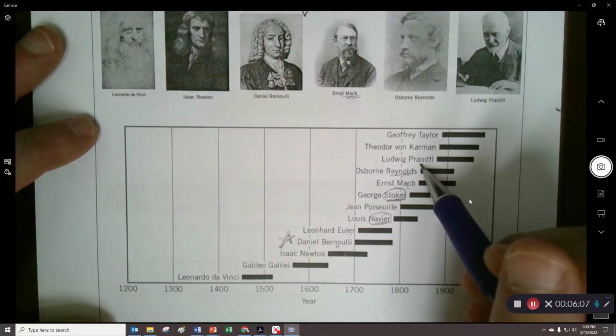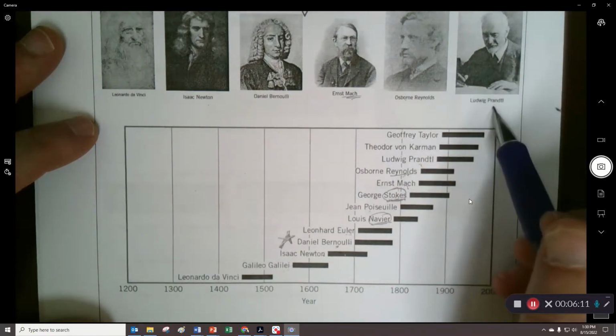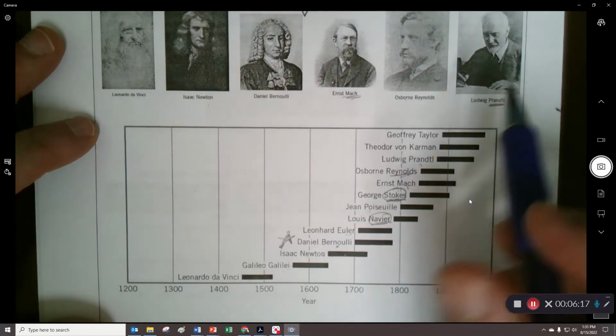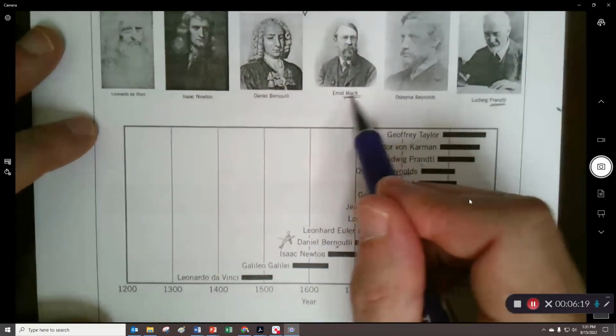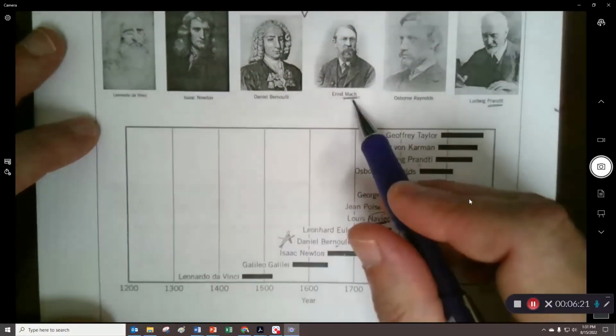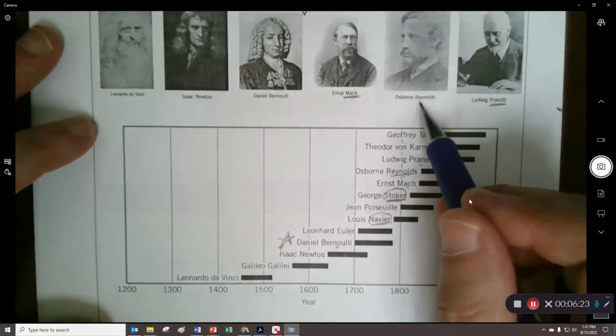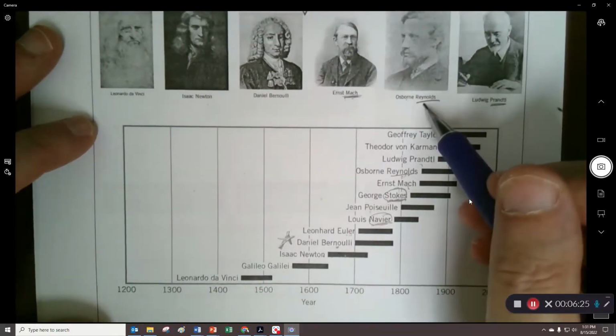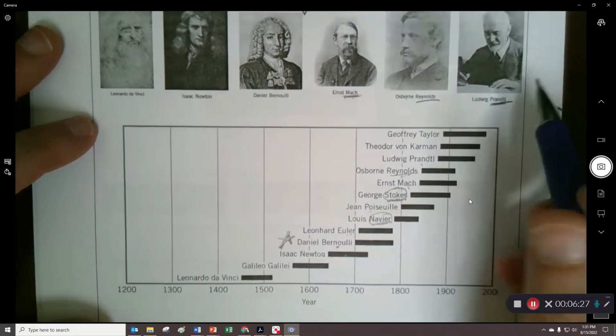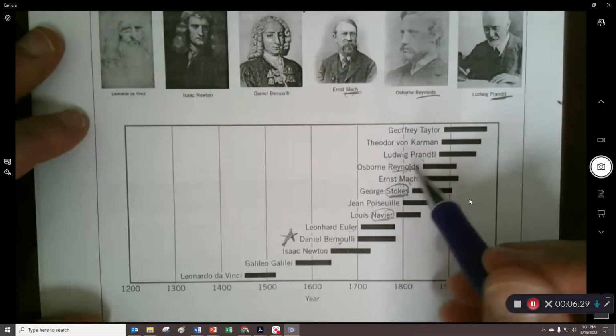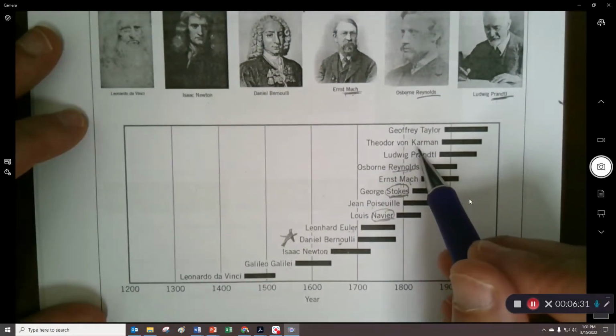Prandtl, I believe there's a boundary layer. We know a lot about boundary layers. You might recognize his name also from heat transfer. I think he's got a non-dimensional number named after him. These non-dimensional numbers are going to be something that comes up later in the semester.